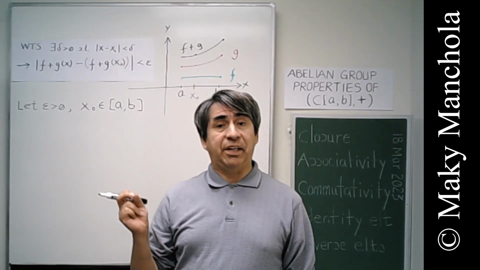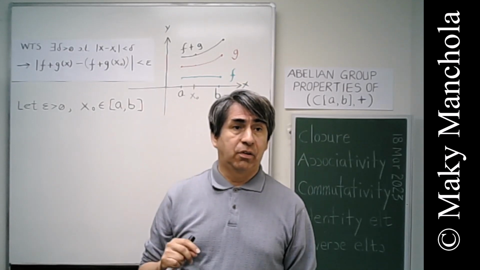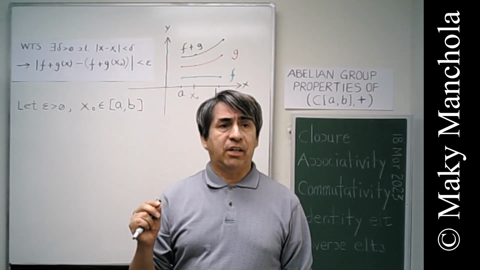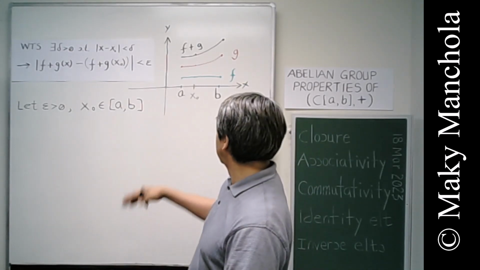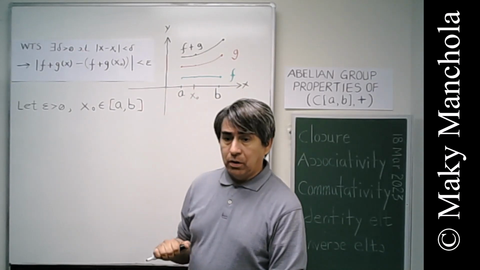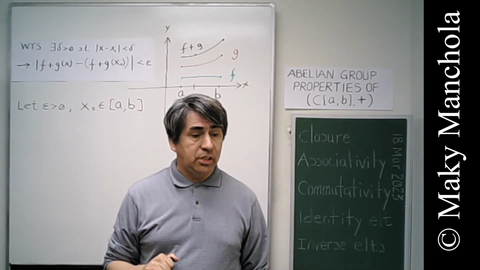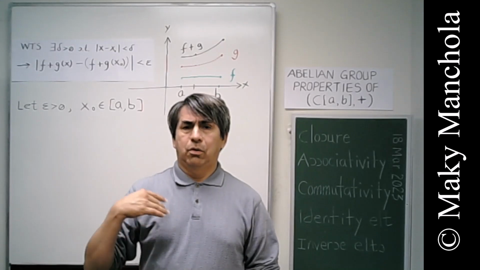So we begin with what we have. We have that f is continuous at x0 and that g is continuous at x0. What does this mean?